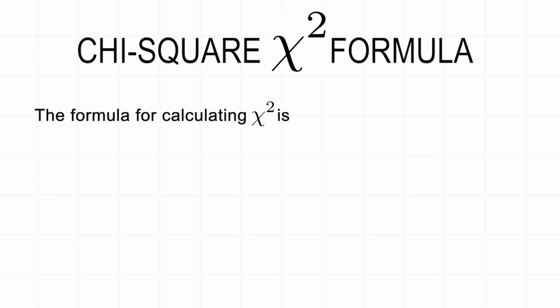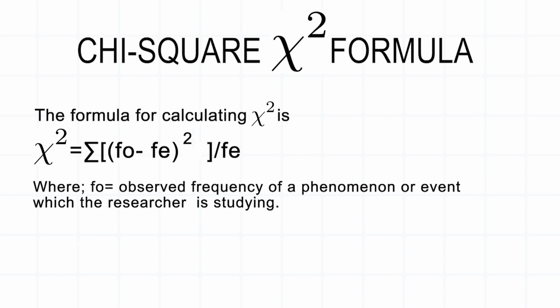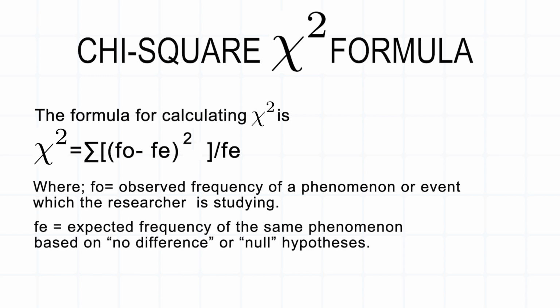The formula is chi square is the sum of FO minus FE whole square upon FE, where FO stands for observed frequency of a phenomenon or event which the researcher is studying, and FE stands for expected frequency of the same phenomenon based on no difference or null hypothesis.